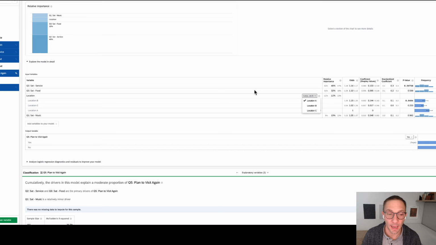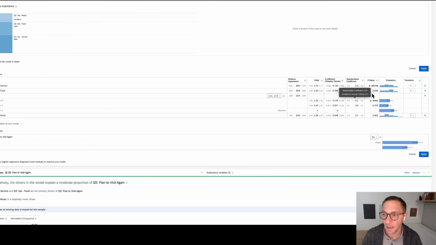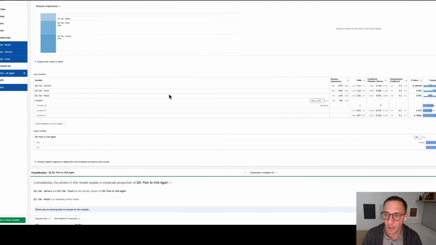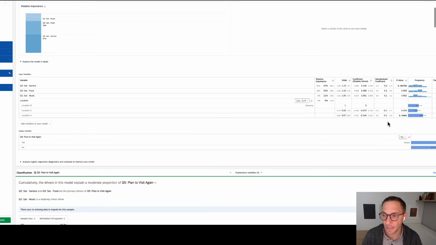Let's say I want to see if there's a significant difference between B and C. I could select one of those, either one, and click apply. And I go to the C and I see, oh, okay, that's not significant. B is still significantly different than A, but there's no significant difference between B and C. But again, for A, now we're getting the opposite sign here.